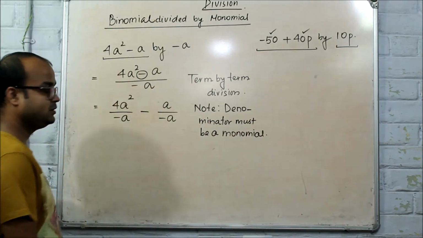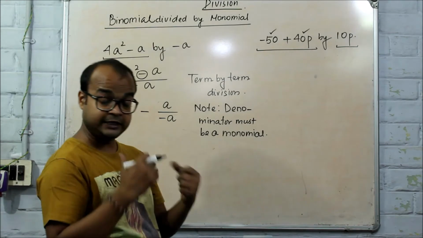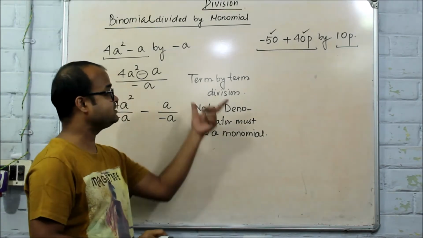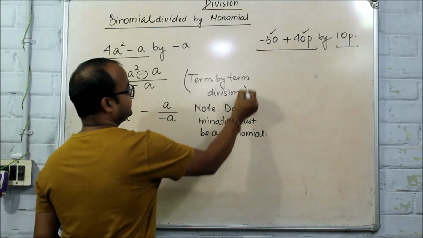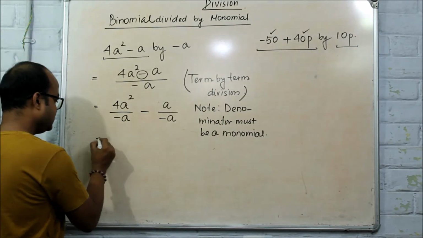If the denominator is a binomial or any other, then in that case you can't apply the term by term division method.